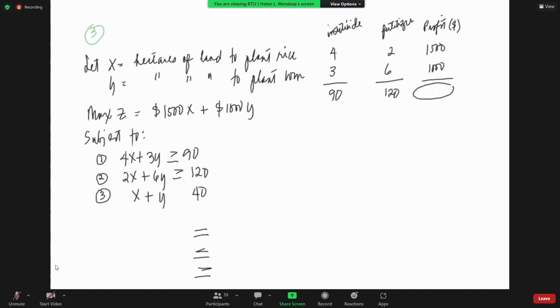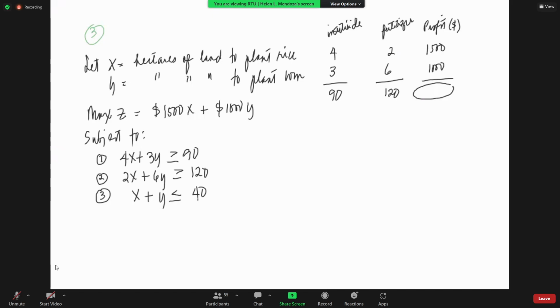Ang sagot po dyan ay less than or equal to. Bakit po less than or equal to? Kasi ang pinag-uusapan po ay lote na tatamnan. So may possibility po na matamnan niya lahat, kaya may equal, no? Pero may possibility din na out of 40, ang matamnan lang 39, 37.